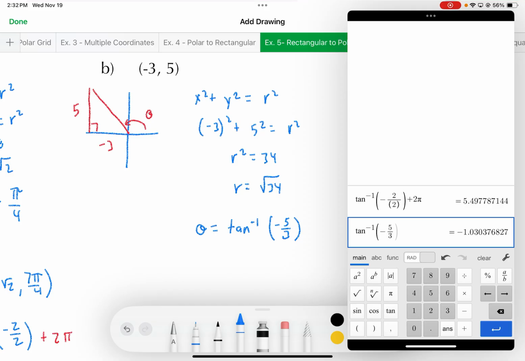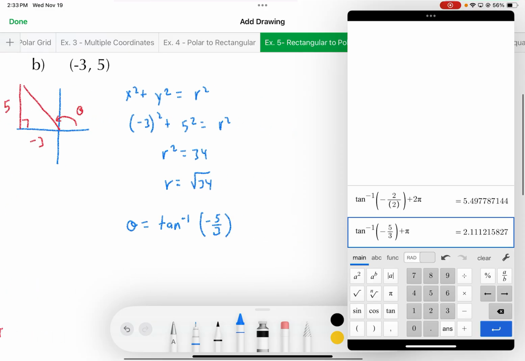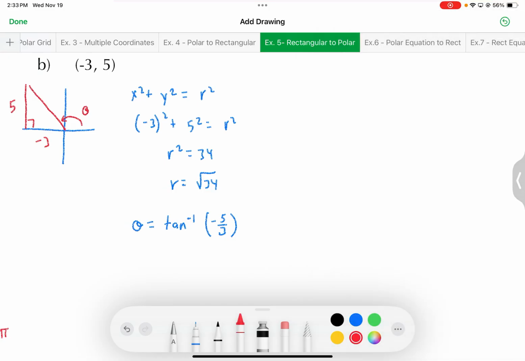So what we need to do in this case is take this result and add pi to it to bring it into the second quadrant. So I end up with 2.111 approximately. So I'm going to say that negative 3, 5 in rectangular converts to radical 34, 2.111 approximately in the polar form.